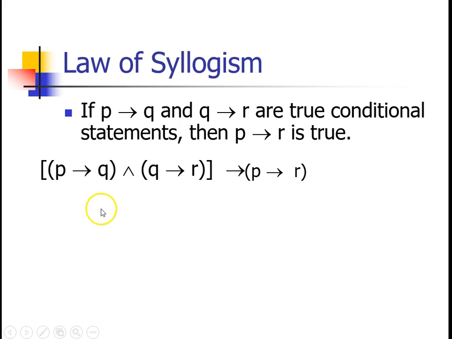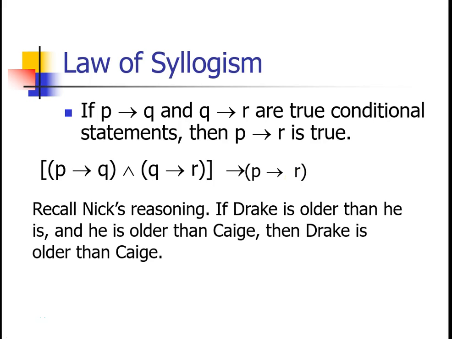In the symbols of logic, it looks like this confusing mess, but it says if P then Q is true, and if Q then R is true, then if P then R can be concluded. In words, remember Nick, he reasoned that if Drake is older than he is, and he is older than Cage, then Drake is older than Cage.